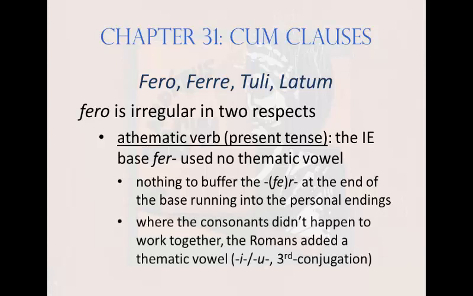However, if the inevitable collision of consonants produced something unpronounceable by Latin standards, the Romans, such an admirably pragmatic people, added a thematic vowel. But when the combination of consonants did work, well, why insult your maiores any more than necessary?